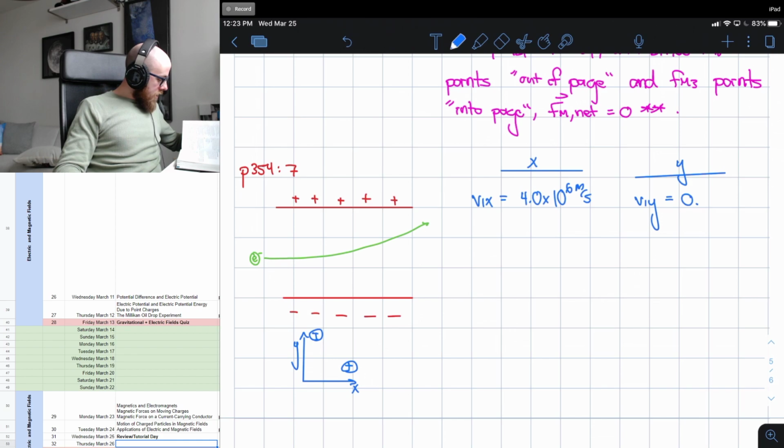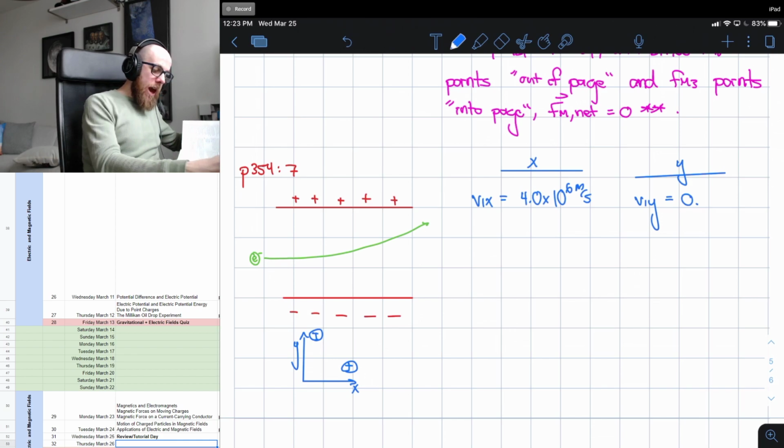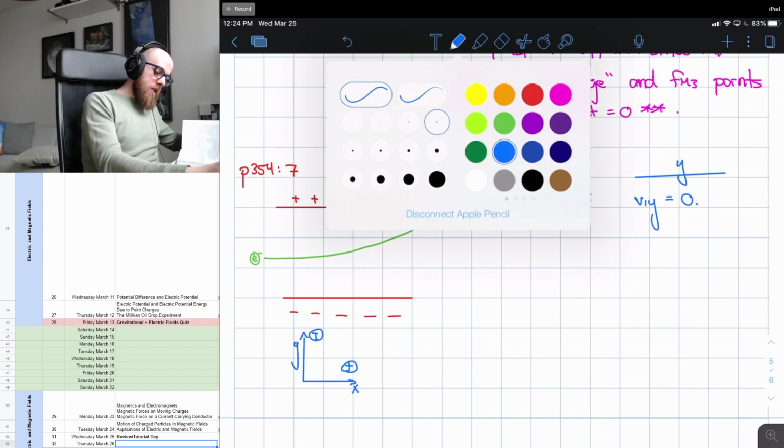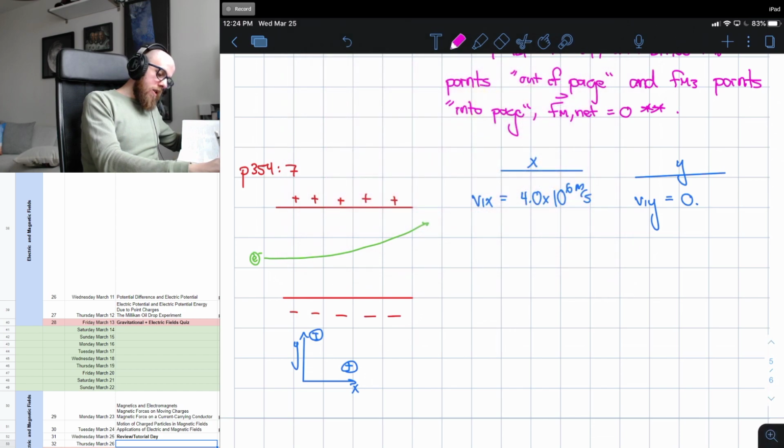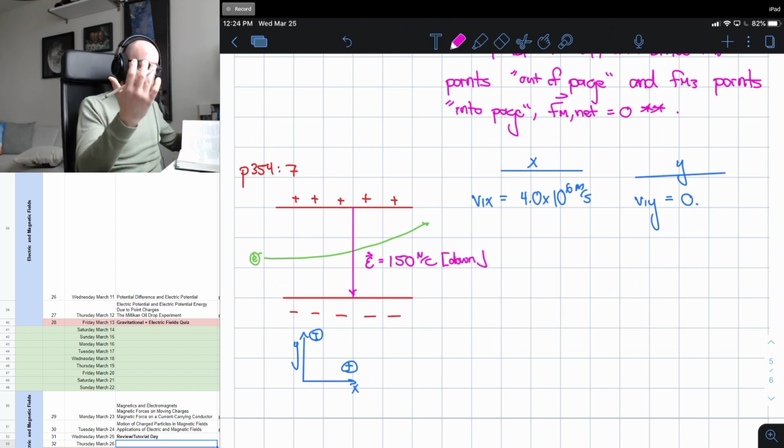The magnitude of the electric field between the two plates, extending from the positive plate to the negative plate, is 150 Newton per Coulomb. And the direction there is down, or in the negative y direction.